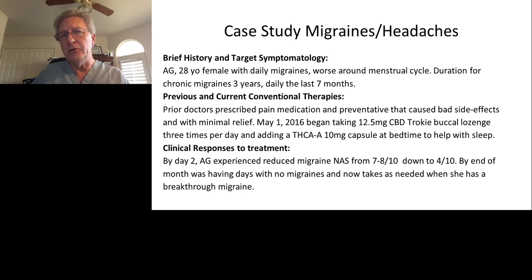By day 2, AG experienced reduced migraines with a numeric analog scale, 0 to 10, starting at a 7 to 8 out of 10, dropped down to a 4 out of 10. By the end of the month, she was having days with no migraines and now takes CBD as needed when she has a breakthrough migraine.